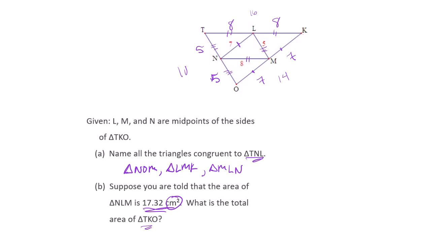So instead of 1/2 base times height, which would have been the original, now we're doing 1/2 times double the base times double the height. If you multiply those together, you get a factor of not just 2, but 2 squared, which is 4. So it'll actually be 4 times 1/2 base times height. So if we multiply this by 4, that'll give us our total area, which comes out to 69.28.